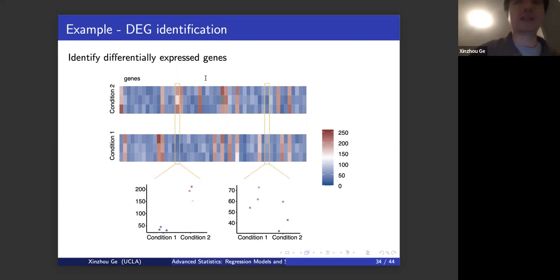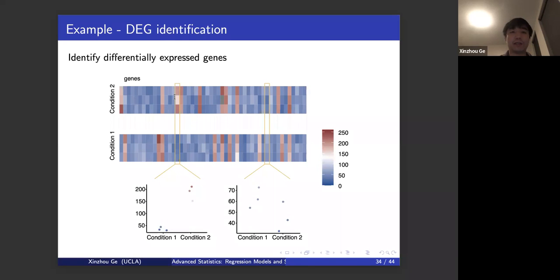If you still remember, I introduced an example in yesterday's workshop, the DEG identification from RNA-seq data. In this case, we have samples from 2 conditions. For each gene, we want to see whether the counts are affected by the condition. So the number of counts will be the response, and the condition can be the predictor.